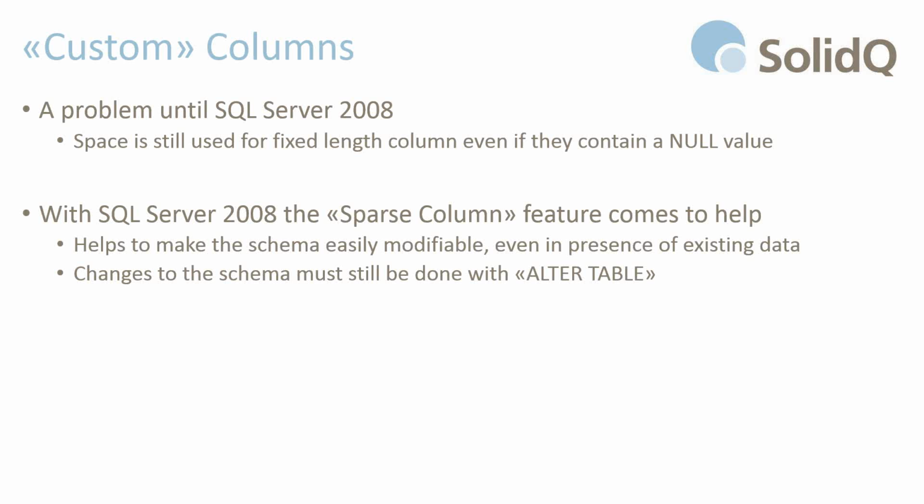Basically just adding columns, let's say custom column 1, custom column 2. It was really the only option, but also a problematic one, until 2008. Because if you add a new column to an existing table where you already have data, even if that column doesn't contain any value, that column is going to use space anyway, especially if it is an integer column or a datetime column, so not a varchar.